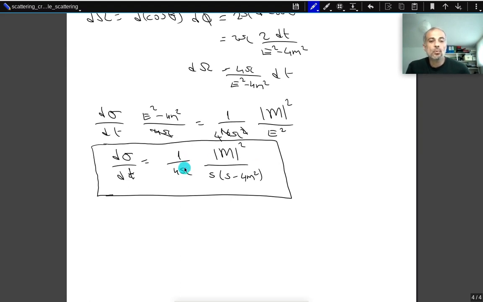Now let's also discuss what happens if these scalar particles are identical. Remember the initial expression of the scattering cross section. We had this phase space over the final state particles.